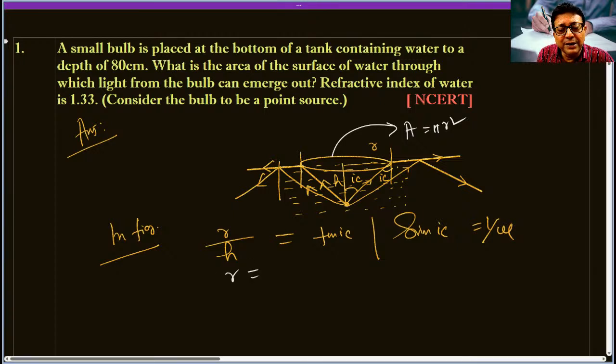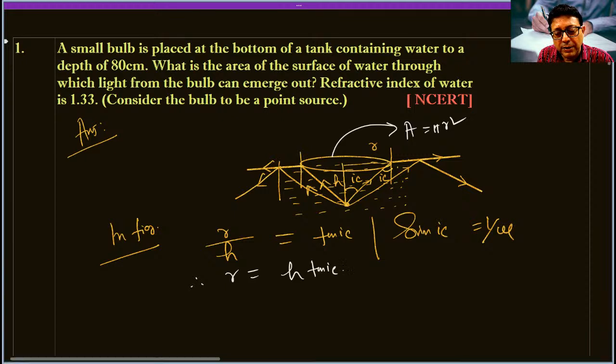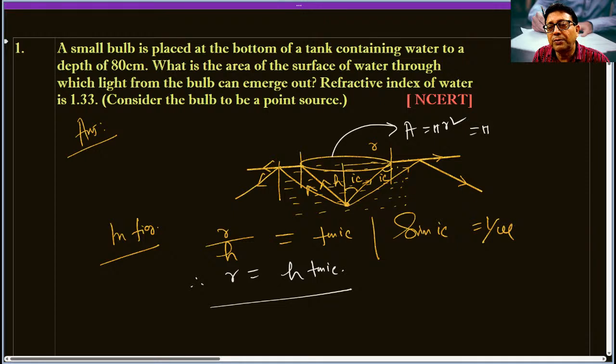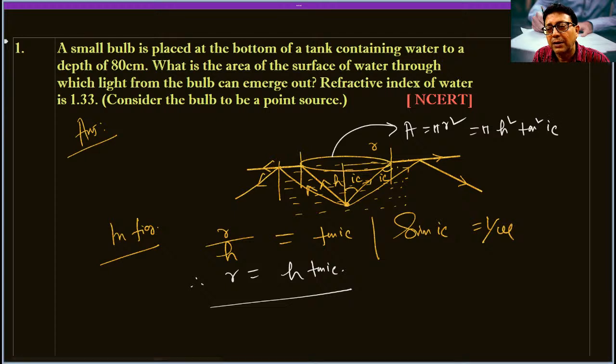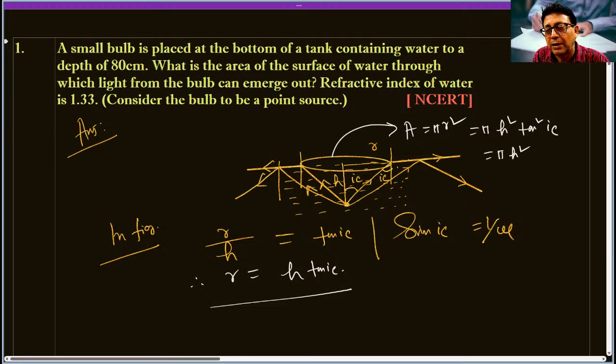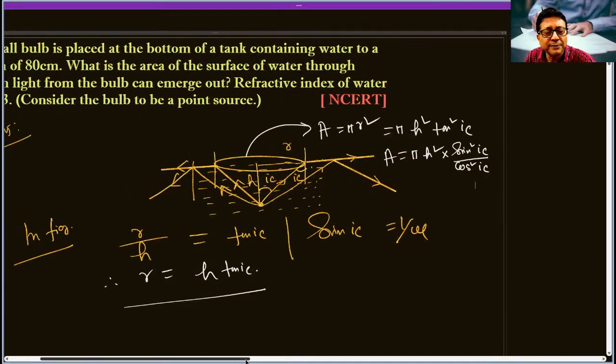What is the value of r here? If you cross multiply, r equals H tan IC. So this will be pi into H square sin square IC by cos square IC.